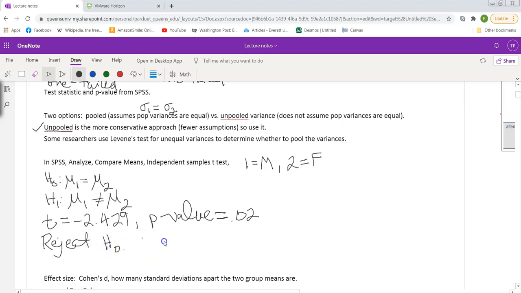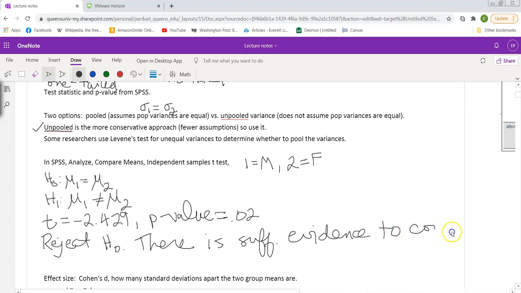And say that there is sufficient evidence to conclude boys and girls have different mean attention spans. I won't write all that out. I'll just say that mu1 is not equal to mu2. Okay?